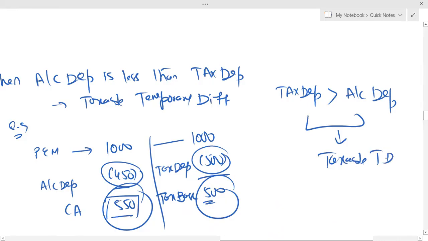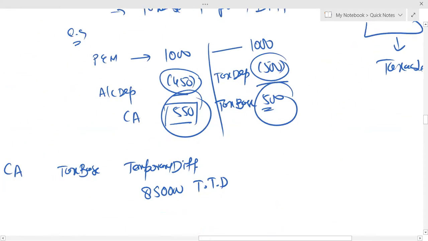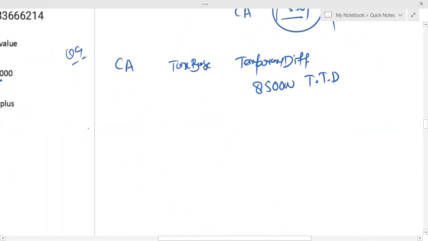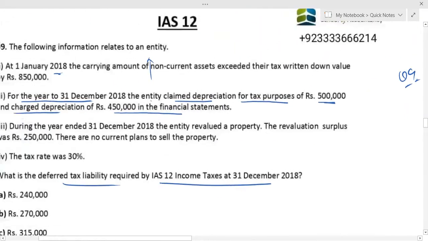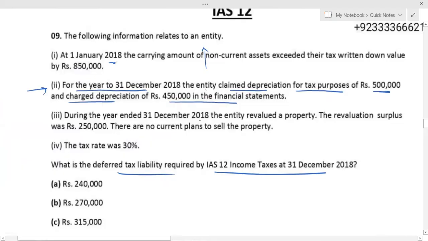The difference is the taxable temporary difference. And we know that taxable temporary difference multiplied by tax rate gives us the deferred tax liability. So let's say due to depreciation there is a 50,000 taxable temporary difference, because accounting depreciation is 450 and tax depreciation is 5 lakh. During the year ended December 18, the entity revalued a property.